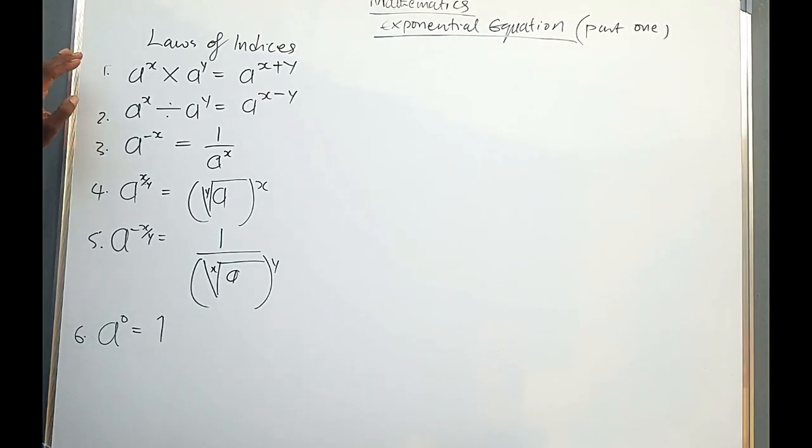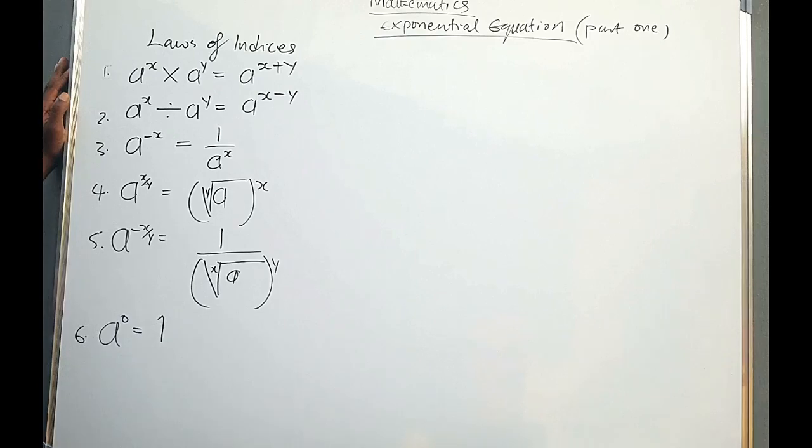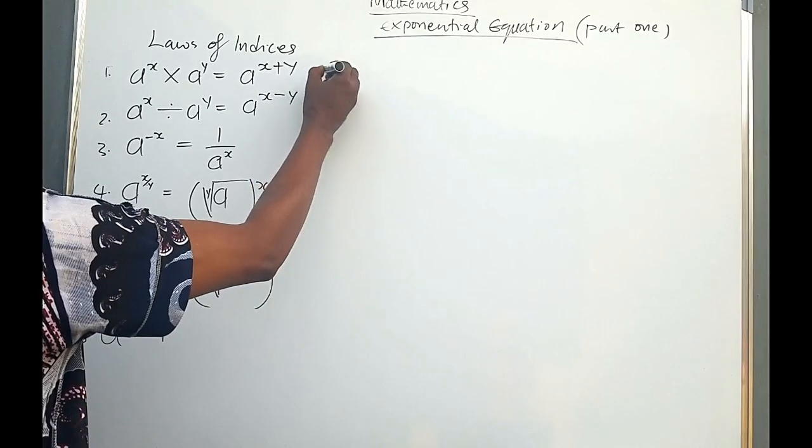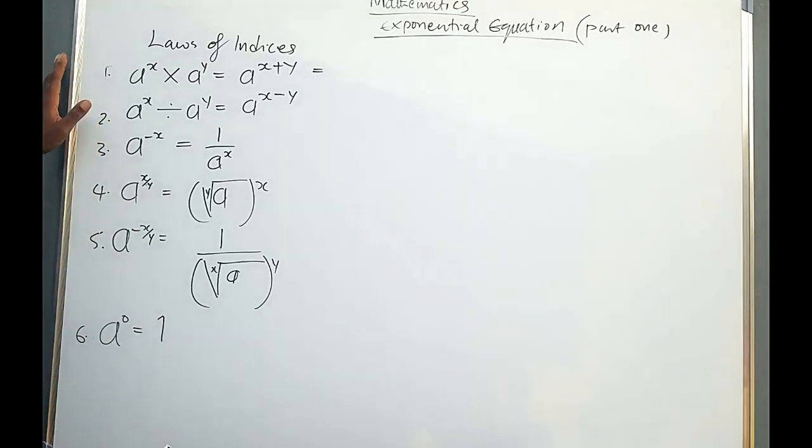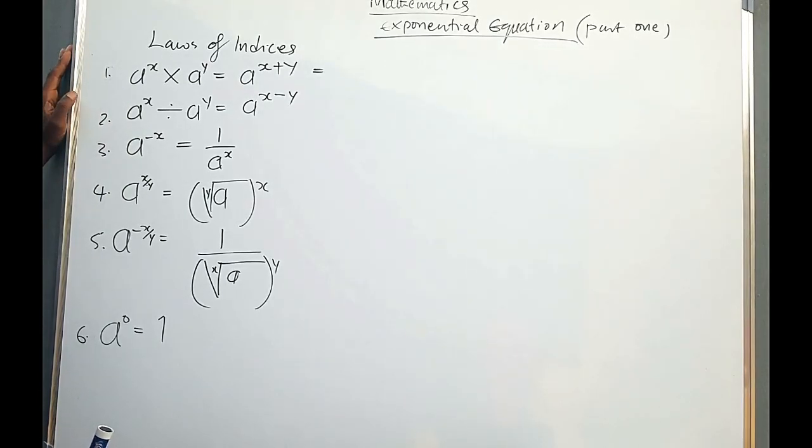And the first one there you have a raised to the power x times a raised to the power y is equal to a raised to the power x plus y. What this simply means is that anytime you have an equation of this form and the bases are the same, then you simply add the powers.